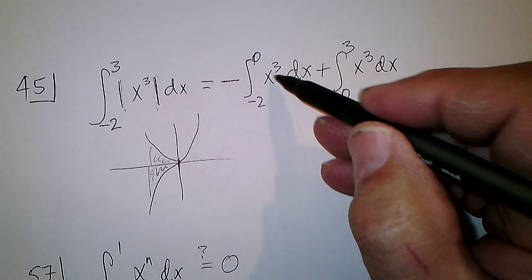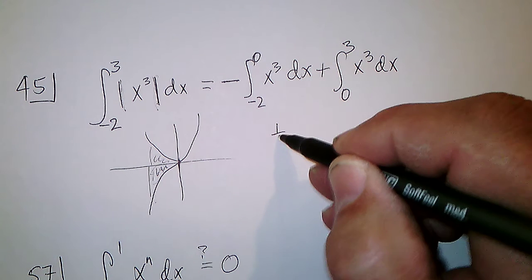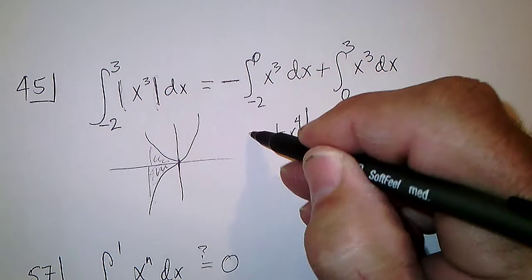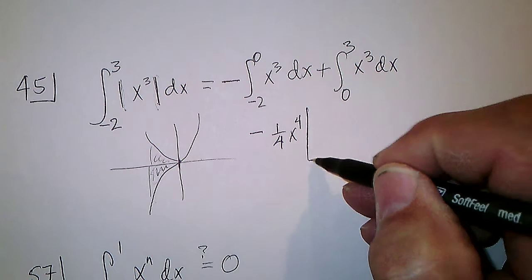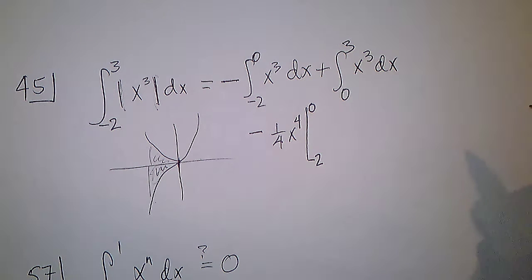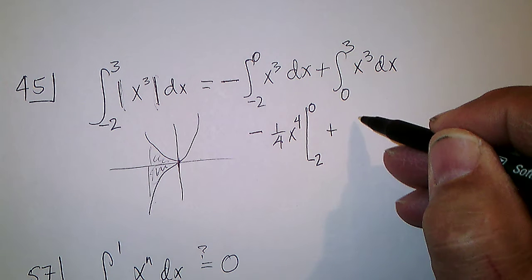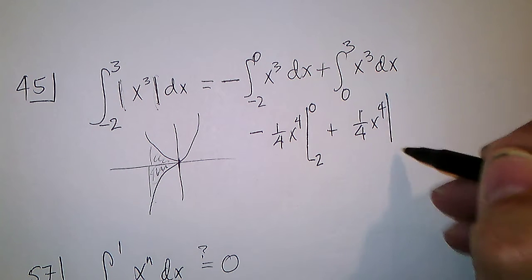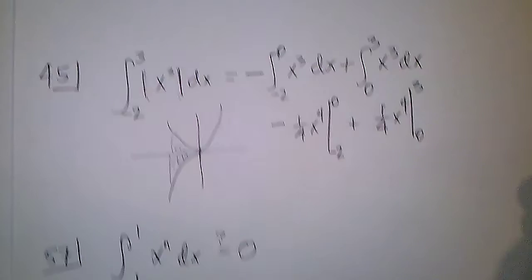So the integral of this would be 1/4 x to the fourth, and there's a minus, evaluated from -2 to 0, plus the 1/4 x to the fourth, evaluated from 0 to 3.